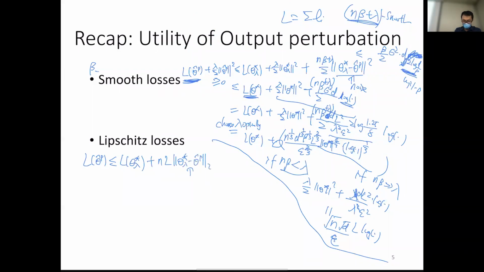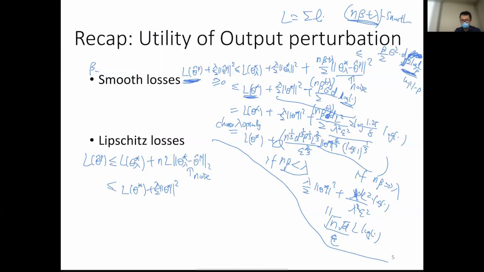But again, this is the noise that we add to the output, and then we can bound this. First of all, let's add this additional regularization, and then use the fact that theta star lambda is the optimal solution of the regularized objective function. So we can bound the first term with that of the unregularized objective function plus this additional regularization term.